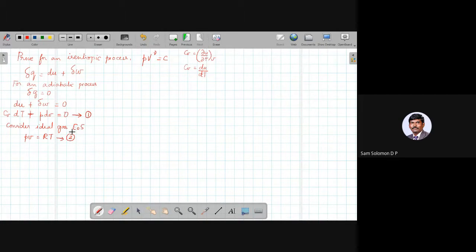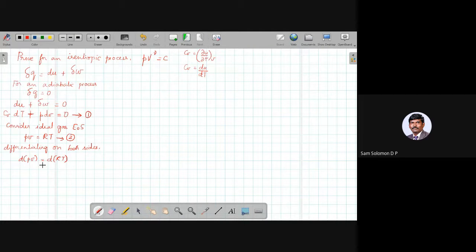If I differentiate this second equation on both sides, you have to follow me and keep writing along with me, which means d of PV equal to d of RT.